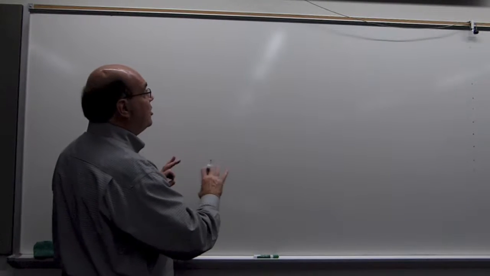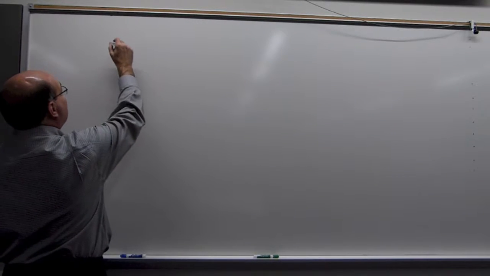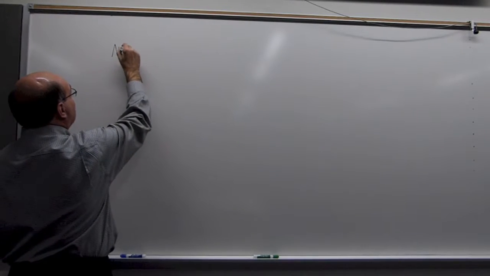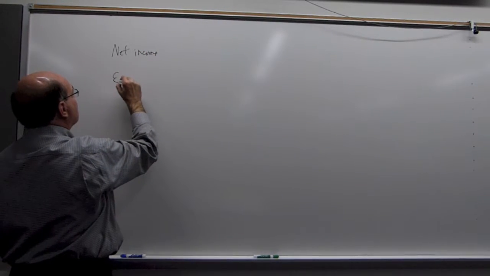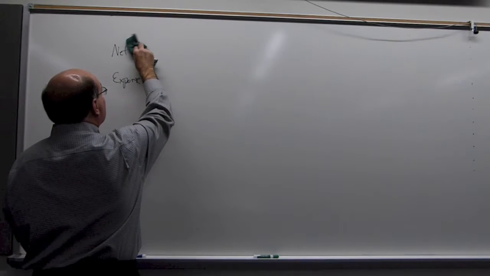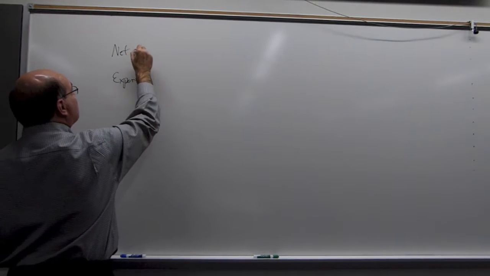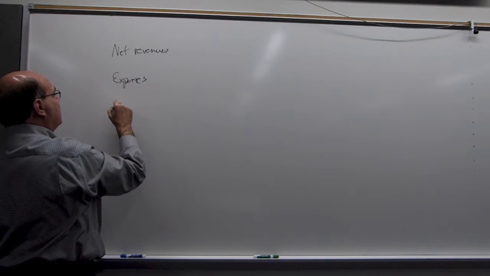Horizontal analysis is where you're going across and showing something between 2 years. So let's say you have a real simple income statement: net revenues, expenses, and net income.